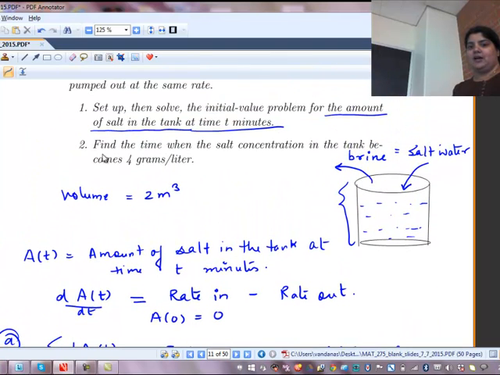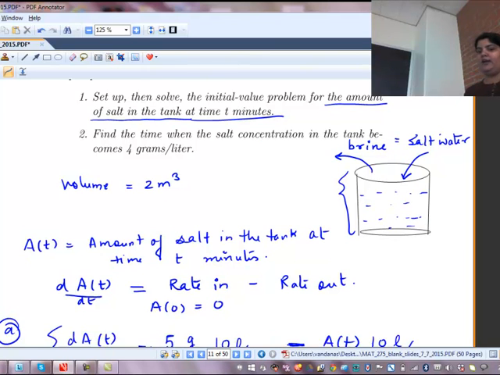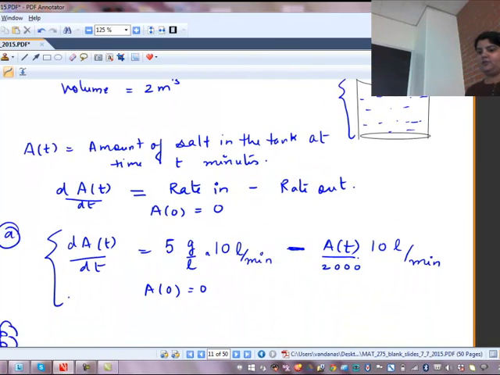It is asking to find the time when salt concentration in the tank becomes 4 grams per liter. So it's asking the time when it will be 4 grams per liter. Let's first find the amount and then we will see further.